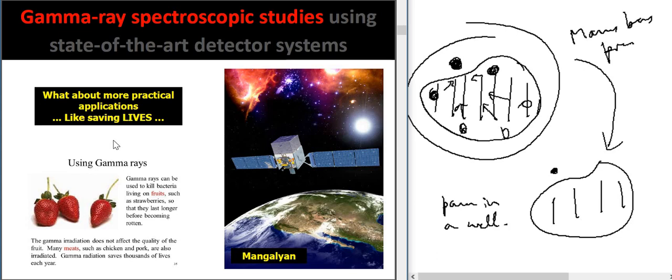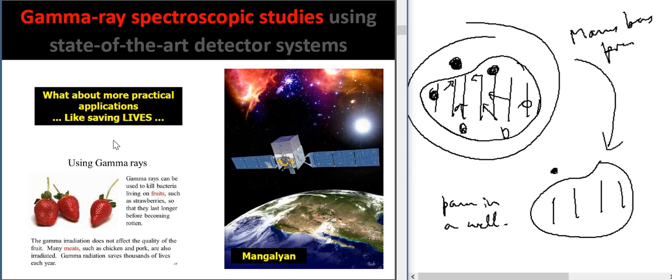You see, using gamma rays, we can kill the bacteria living on fruits such as strawberries. And what will happen as a result? Well, they will last longer, right? But you must be wondering if the gamma irradiation affects the quality of the fruit.